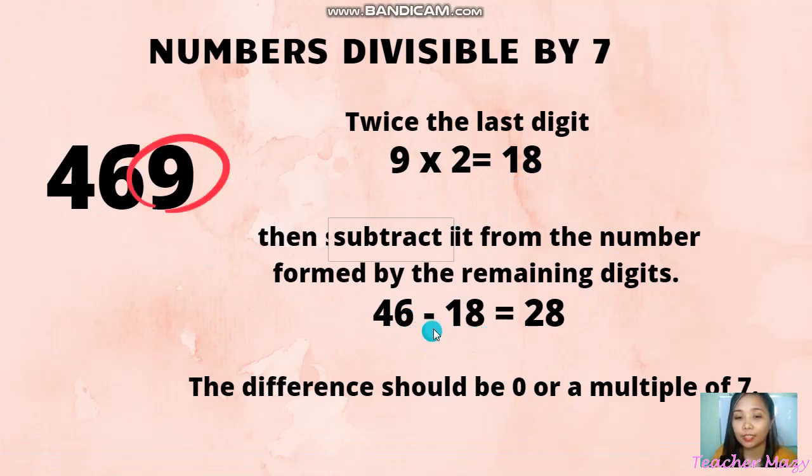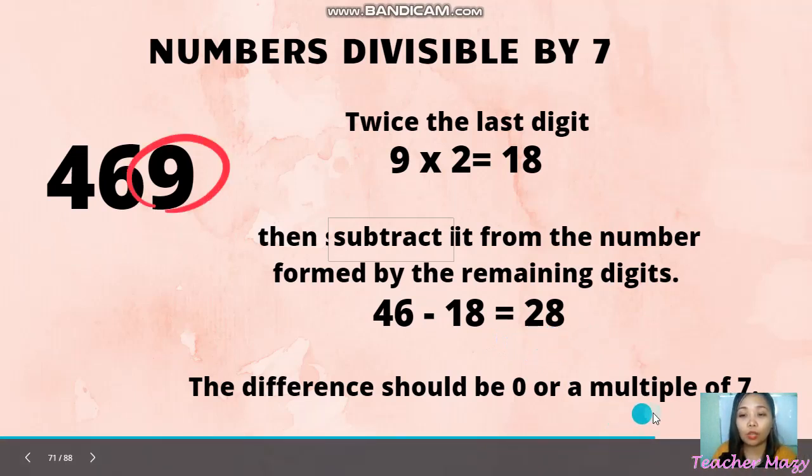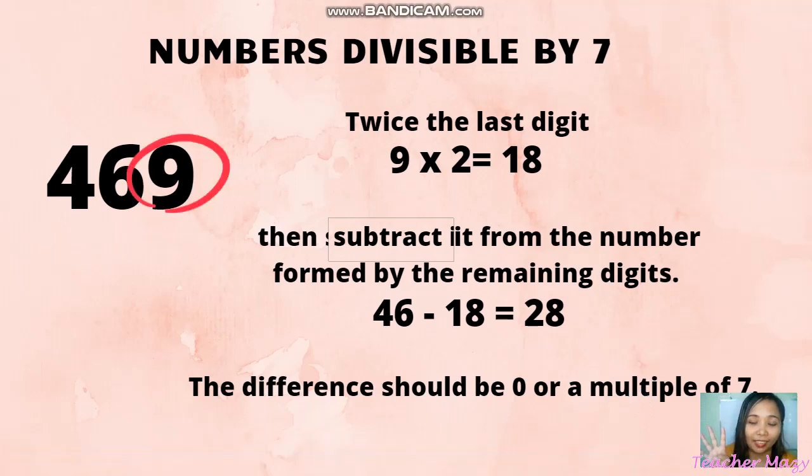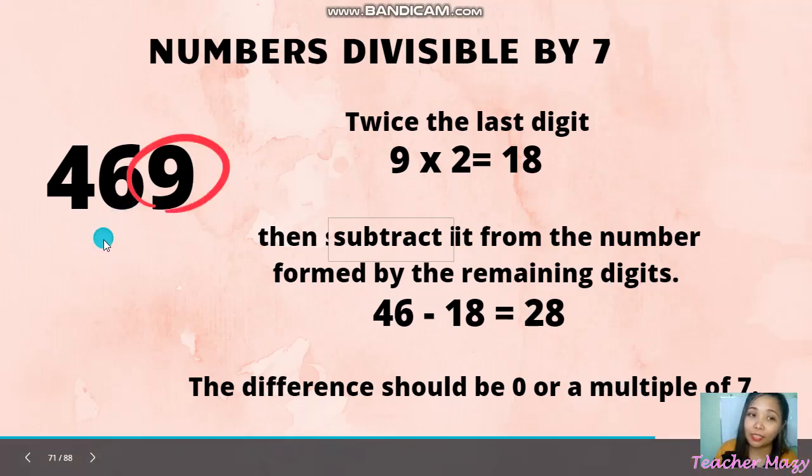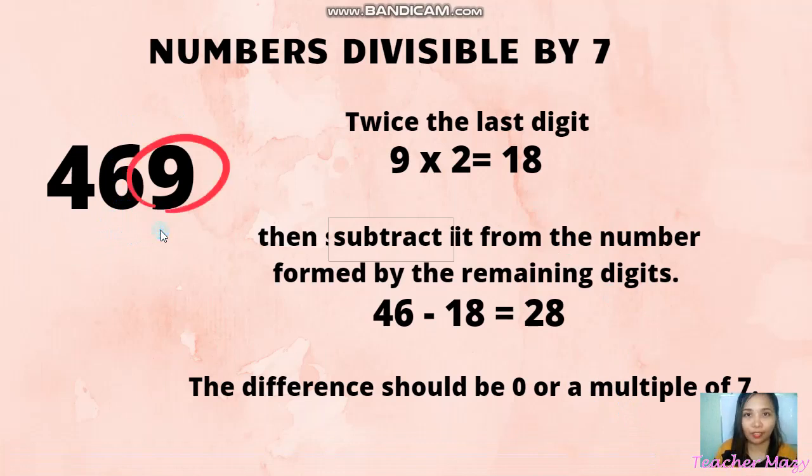So, 46 minus 18 is equal to 28. And 28 is a multiple of 7. 28 divided by 7 is 4. We have 7, 14, 21, 28. Okay, so multiple of 7 siya. So that means 469 is divisible by 7.